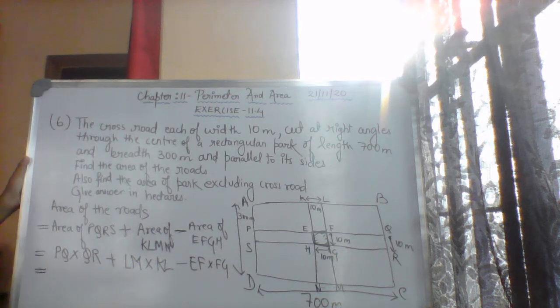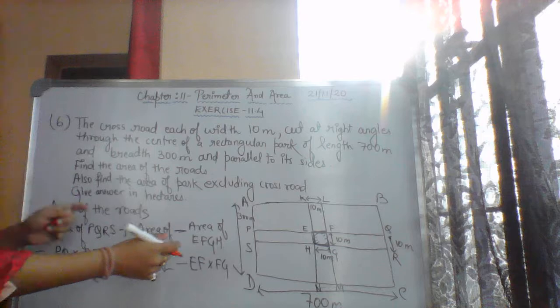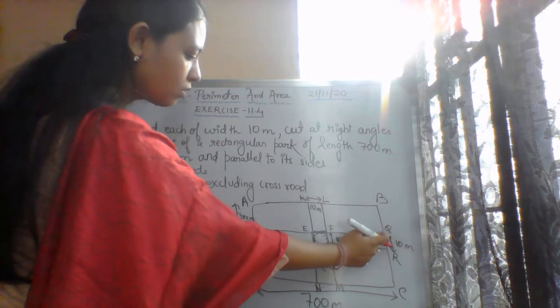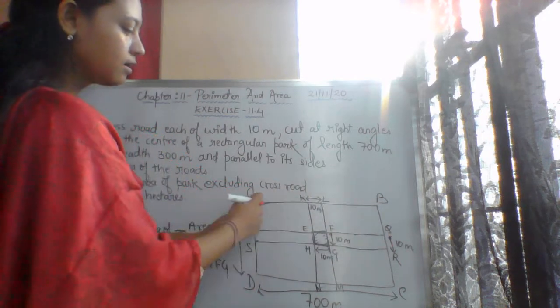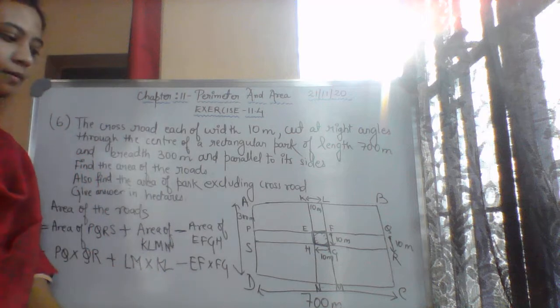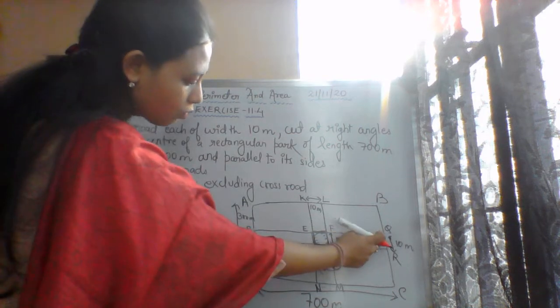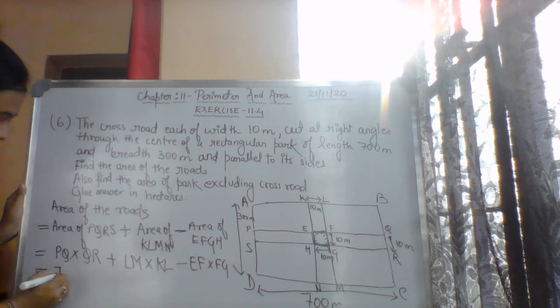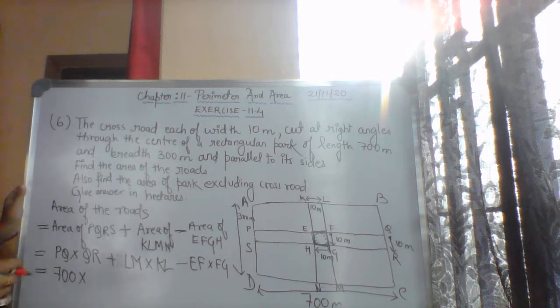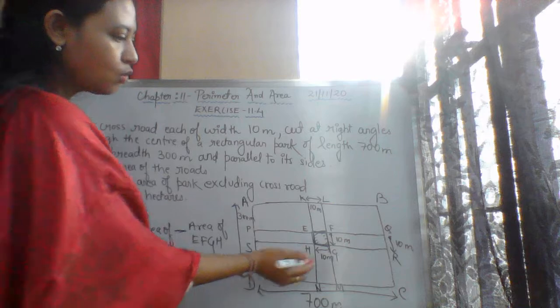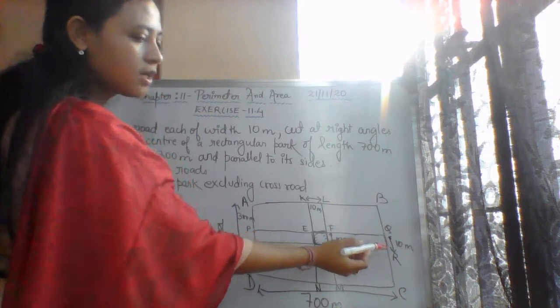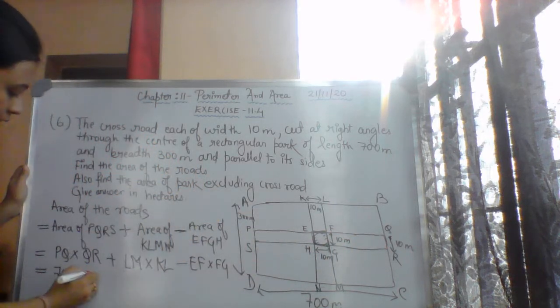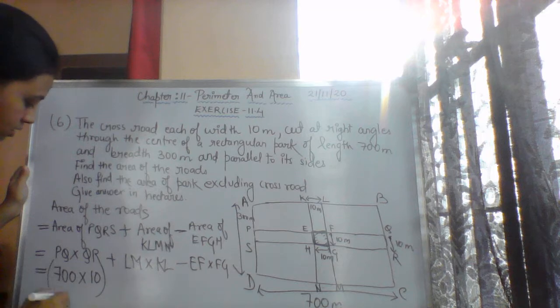Now you put the values. What is the length of PQ? It is the length of that rectangle only, 700 meter. So 700 into QR. QR is the width, already mentioned, so into 10. This is one part.